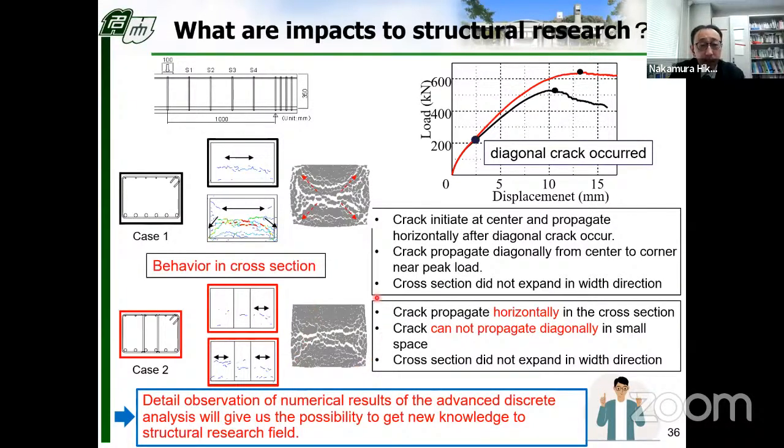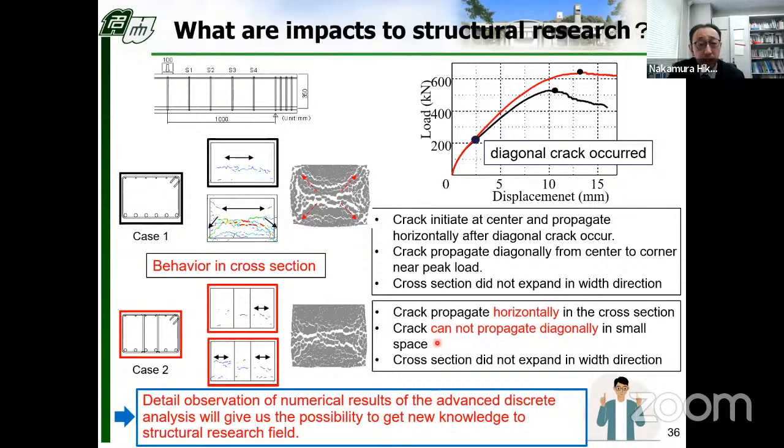As a result, the cross-section does not expand in the width direction. Probably the difference of crack propagation and deformation in cross-section influences the shear capacity. This is just the simulation result, but do you agree with the discussion?